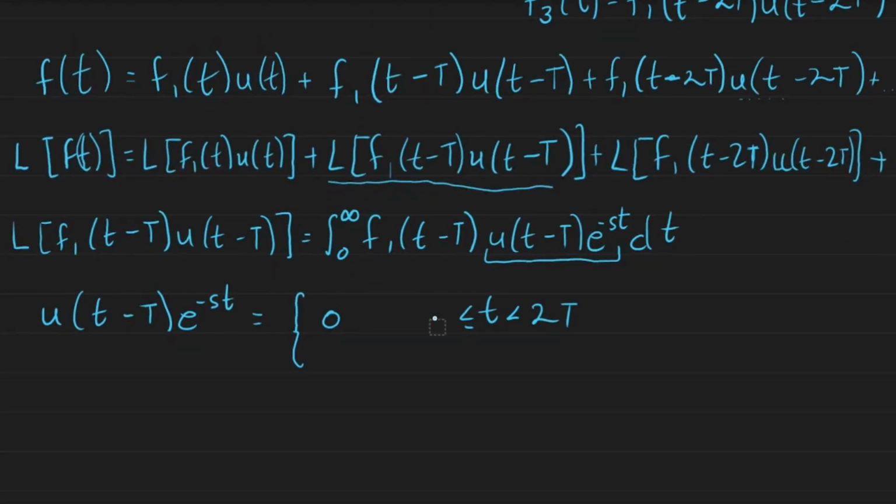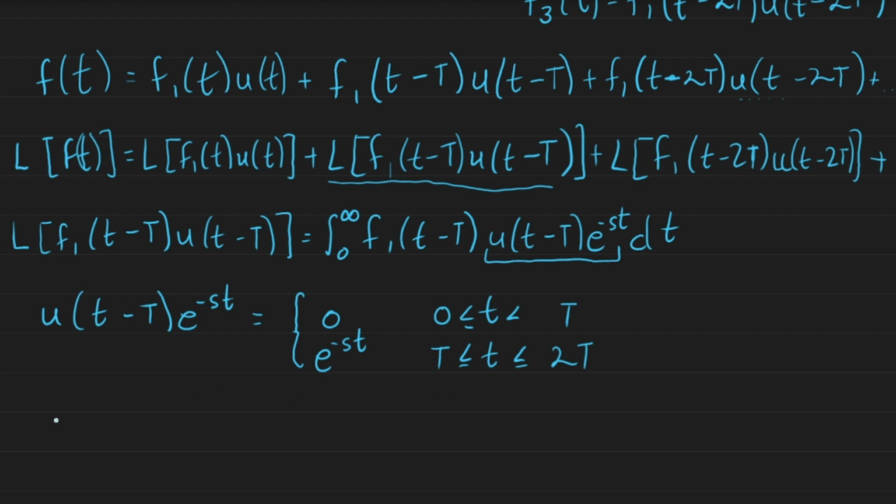Sorry, my apologies, that should actually be from 0 to T. And then it takes on the value of e to the minus st between T and 2T. So what we're saying is that we have to apply this integral between this range for it to actually be valid.